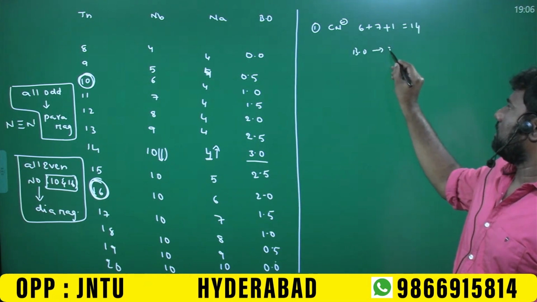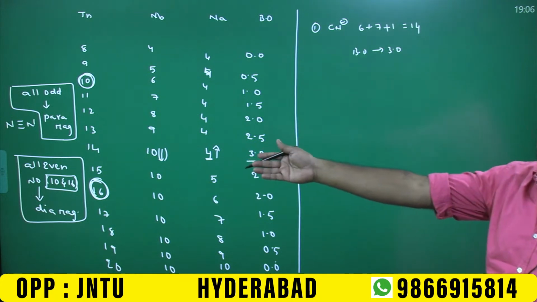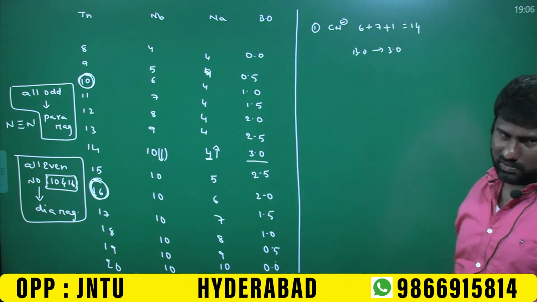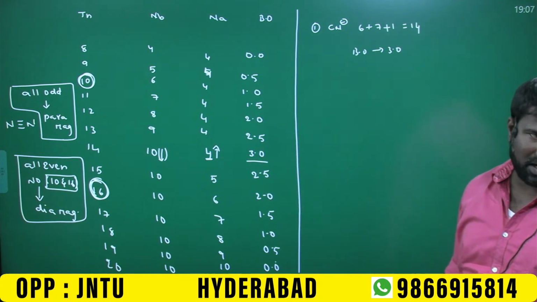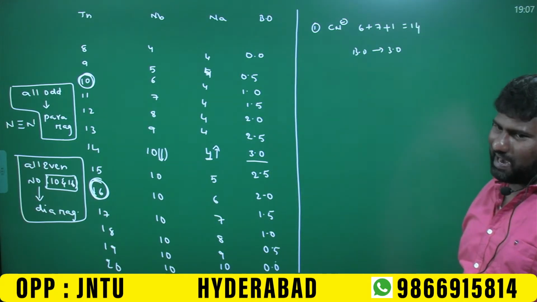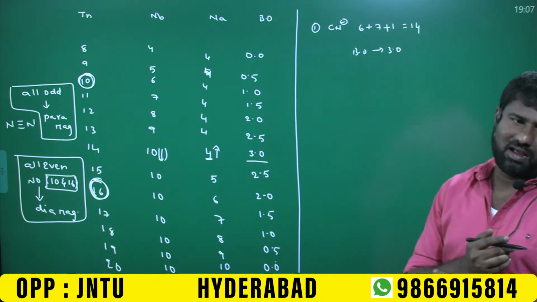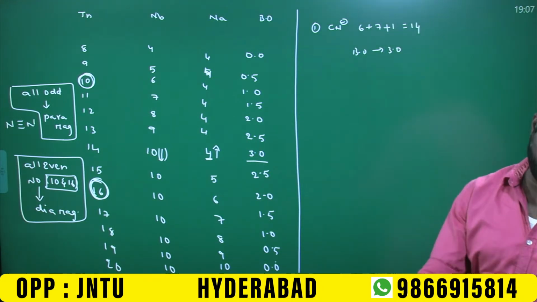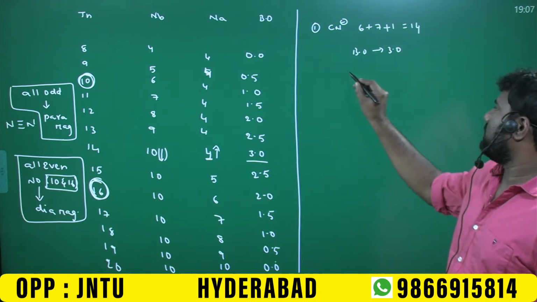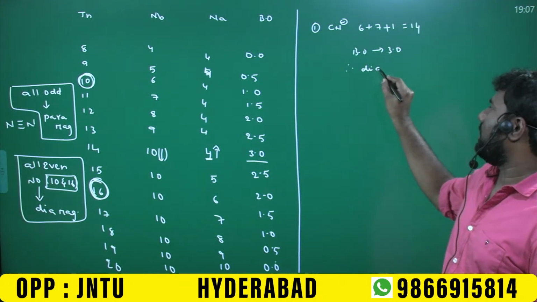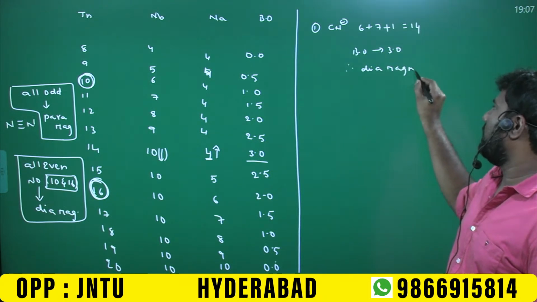Number of bonding electrons 10. Number of anti-bonding electrons 4. Is it paramagnetic or diamagnetic? Obviously diamagnetic. In even numbers only 10 and 16 are paramagnetic. Remaining all even numbers are diamagnetic. So this is diamagnetic. Did you get this?